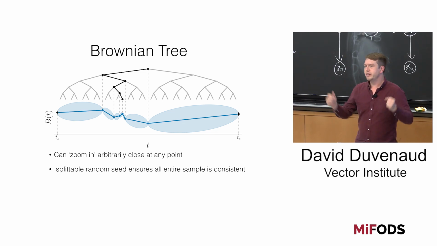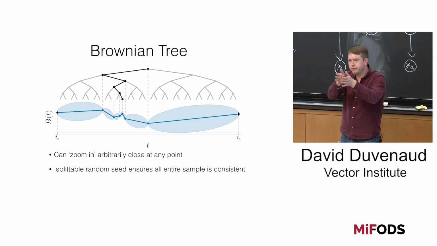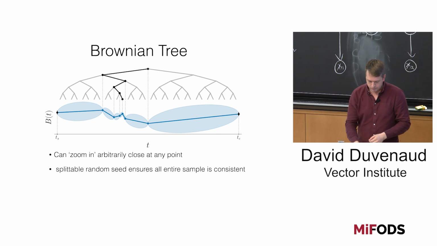If I know the Brownian bridge at the beginning, and now I need to find the sample at this point, I'll sample in the middle. That gives me another Brownian bridge that's half the size. Sample in the middle of that, and that gives me another Brownian bridge. I just keep sampling finer and finer Brownian bridges until I'm within epsilon of the point that I'm interested in finding.